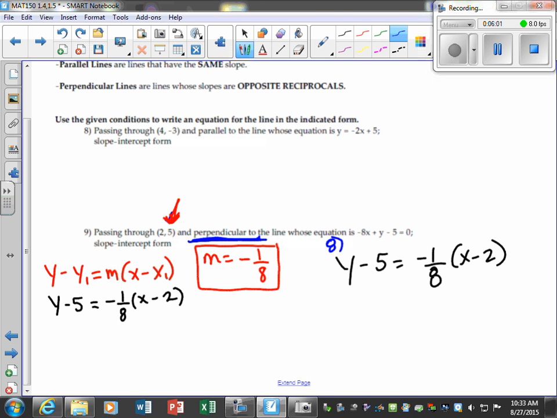So if I multiply each term by 8, and this entire side is completely connected, so it's multiplied. So then here I'm just going to get 8 times y minus 40 is equal to, now this 8 will cancel with this 8, and I'll just distribute this negative 1. And now you can see we don't have any fractions at this point, and we can solve for y.